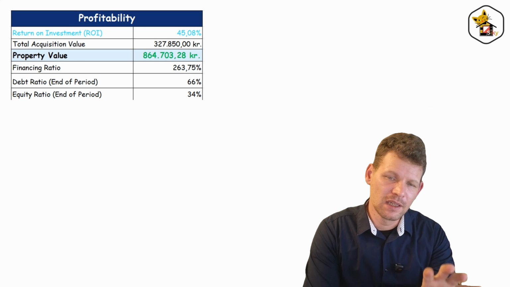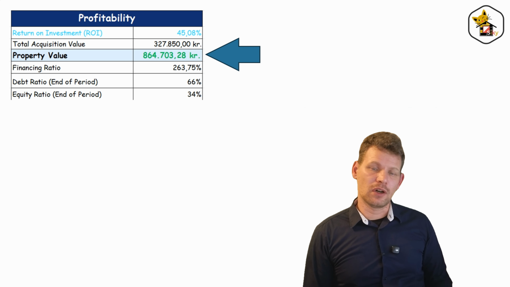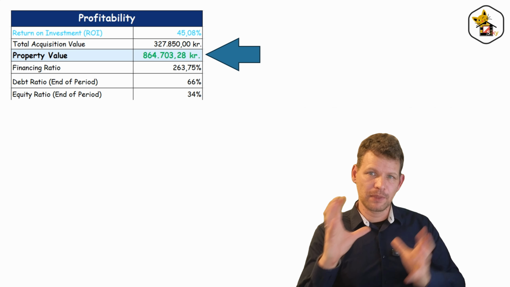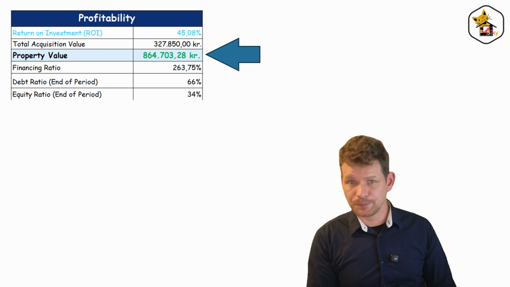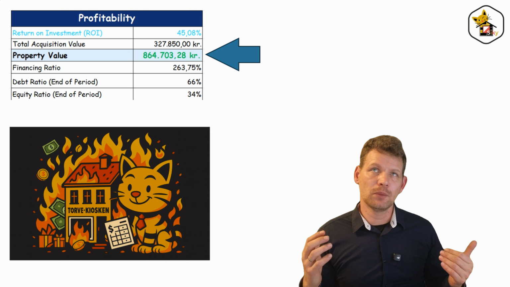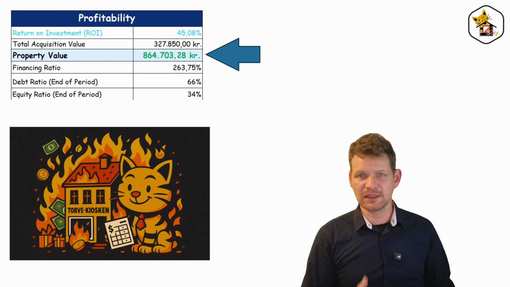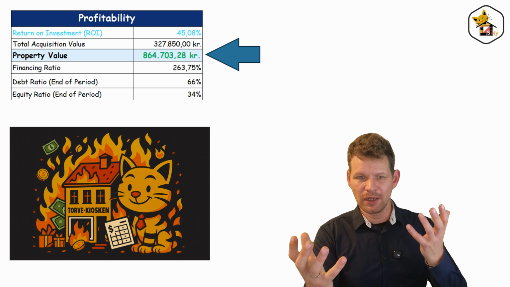So the sheet will give us an estimated value of the property, like how much of the property based on the rent can we finance. And that is an awesome thing. But if your basic economy is bad, then you can get some financing that actually makes this good house turn bad.